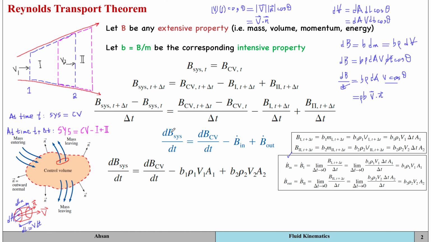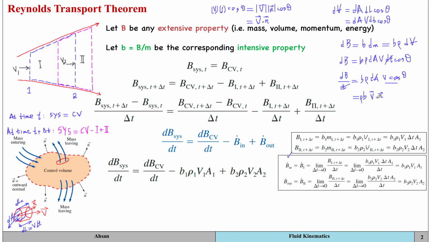If this theta was more than 90 degrees, then this velocity would rotate, and for example, it could be in this direction. So that would indicate the inlet, if the theta was greater than 90 degrees. And if theta was equal to 90 degrees, then there would be no flow because cos of theta would be equal to 0. Okay, so this is just another aspect of it.